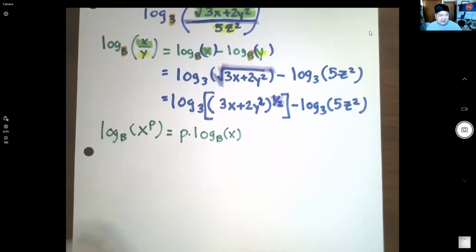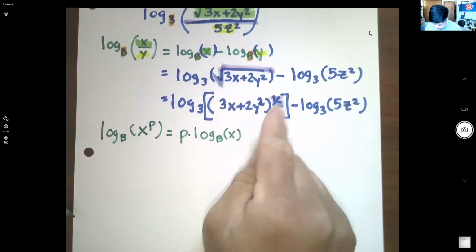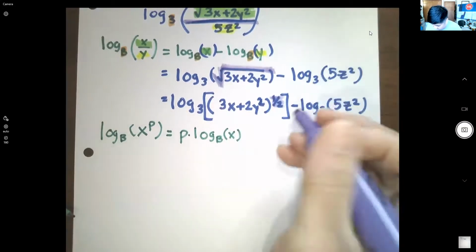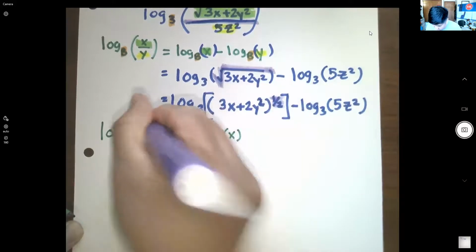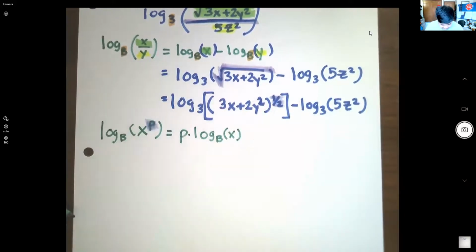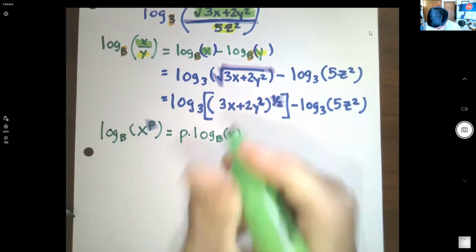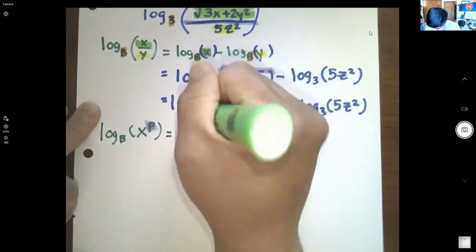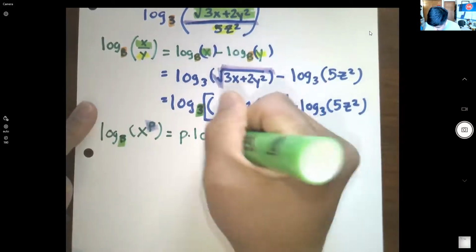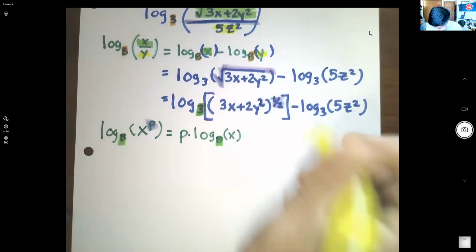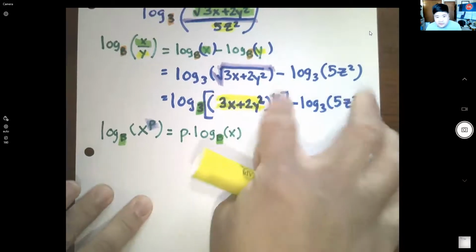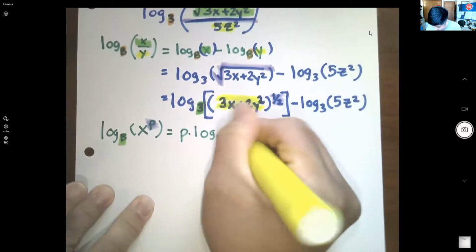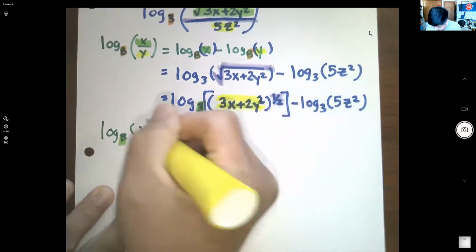All right, so now I see that we have an expression with an exponent. The exponent here is actually 1/2, and the base of the logarithm is 3, and the argument is 3x plus 2y squared.